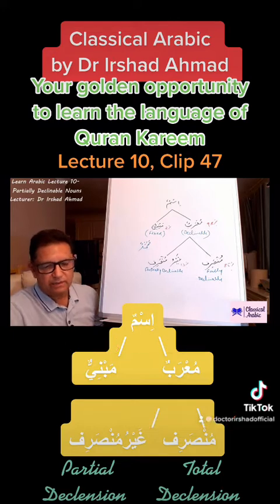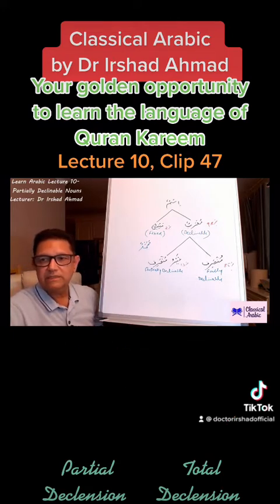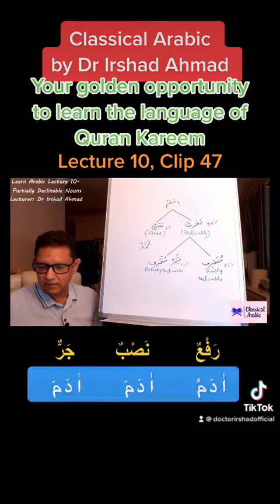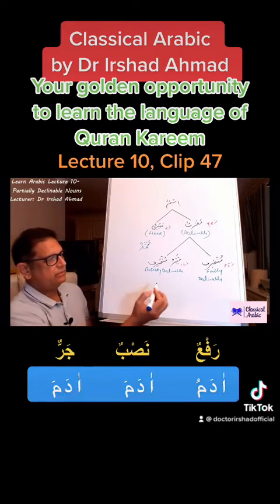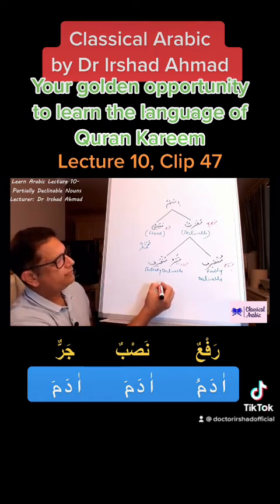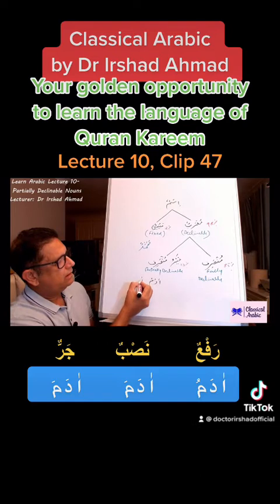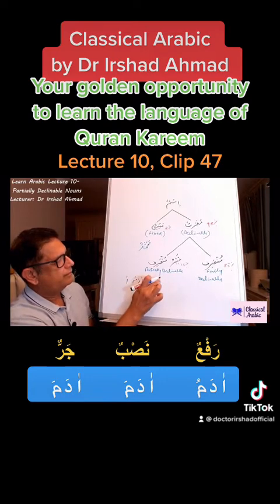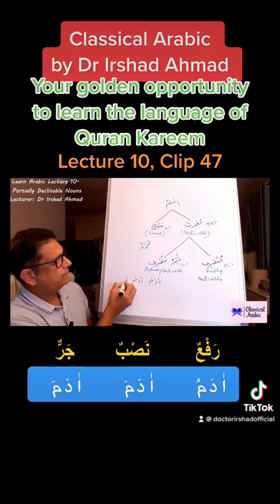So for example, the name of the first ever man on this planet, Adam, which is a ghairu munsarif, so we'll write Adamu, Rafa, Adama, Nasab, and Adama, Jar.